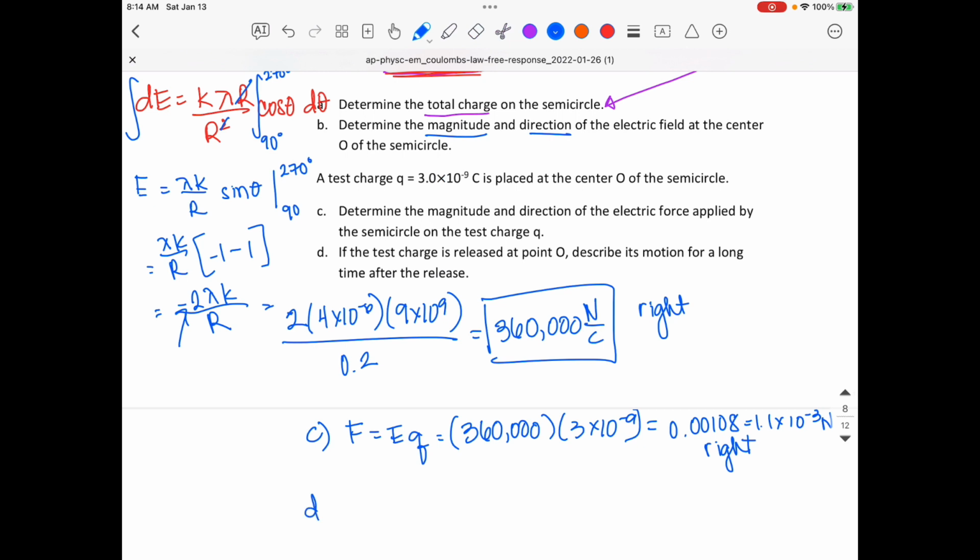And then D, if the test charge is released, describe its motion for a long time after the release. Again, there is a force, and therefore it's going to have an acceleration.